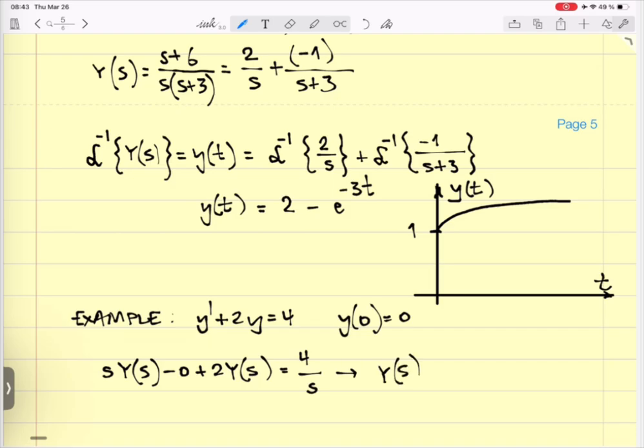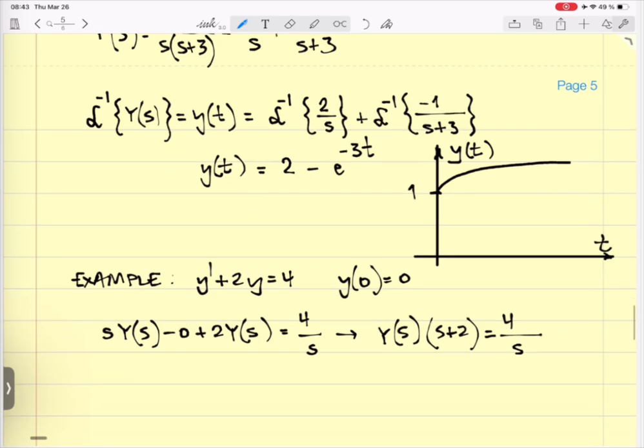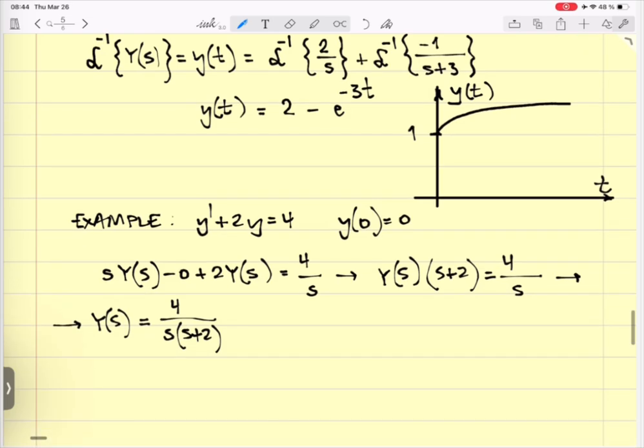I multiplying s plus 2 equal 4 divided by s. In the complex plane, I is 4 divided by s times s plus 2.